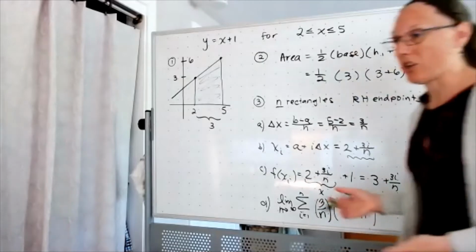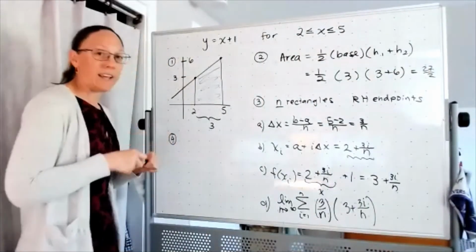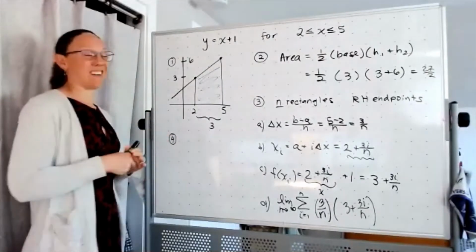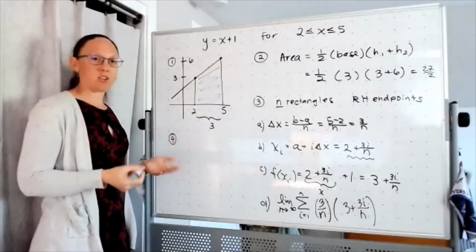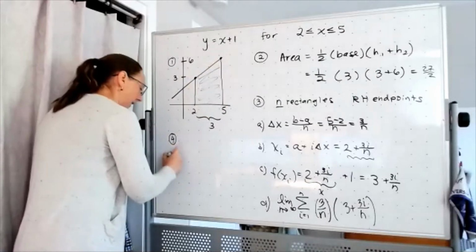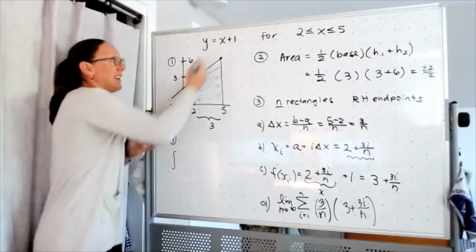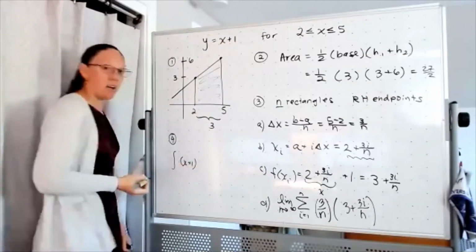And then the last question on my quiz, question 4, is our newest notation for putting this together. And that is, if I want to represent this area as a definite integral, then that definite integral, the height function, is just the x plus 1. It's the function that we have for our graph.